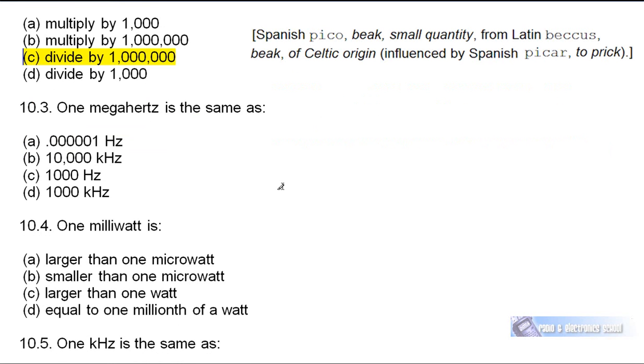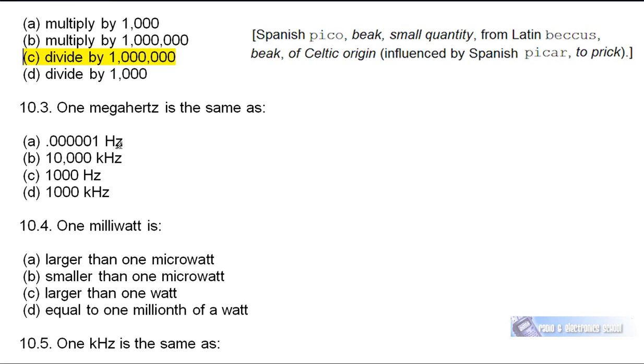Question 10.3. 1 mega means a million. 1 megahertz is the same as, well, 1 megahertz would be 1 millionth of a hertz, and answer A is 1 millionth of a hertz. So that's not right.